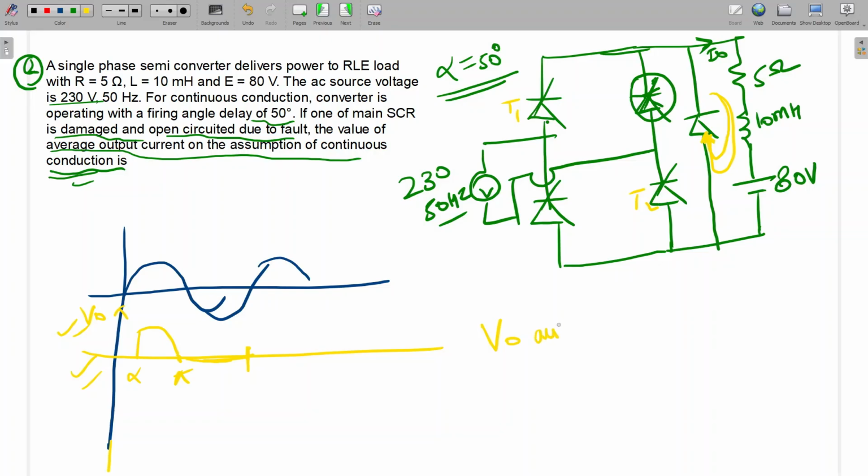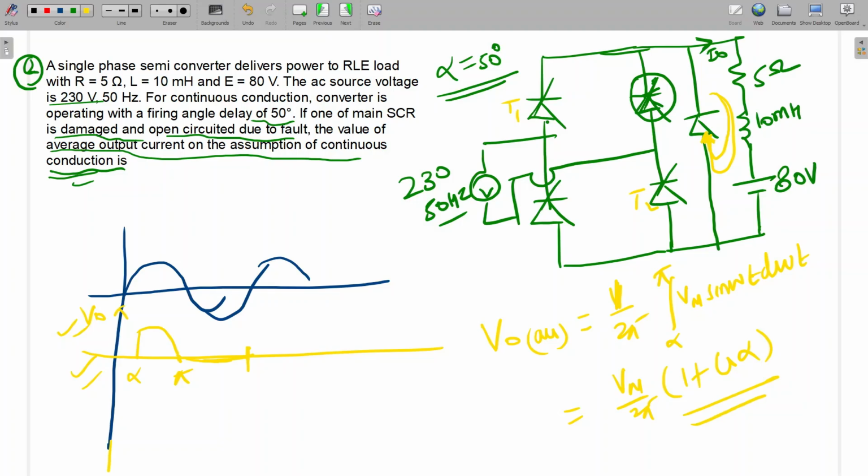V naught average is equal to 1 upon 2 pi, integral from alpha to pi of Vm sin omega t d omega t. So the average value will be Vm upon 2 pi into 1 plus cos alpha.